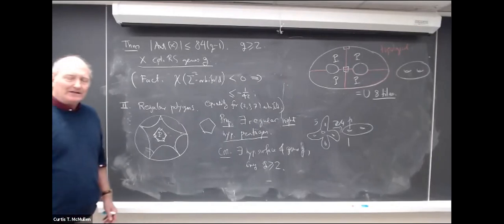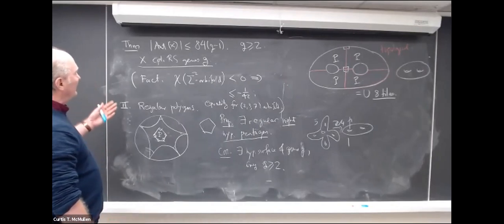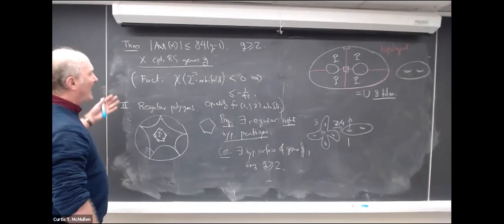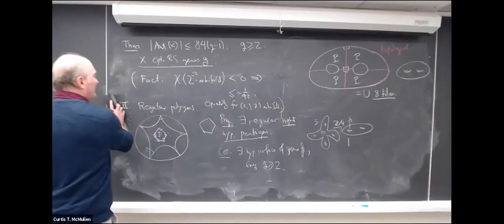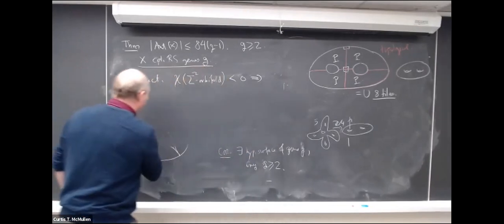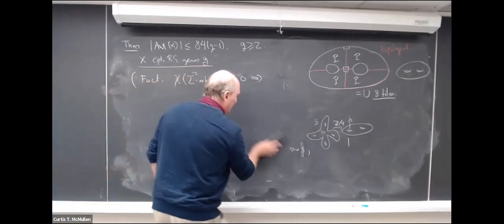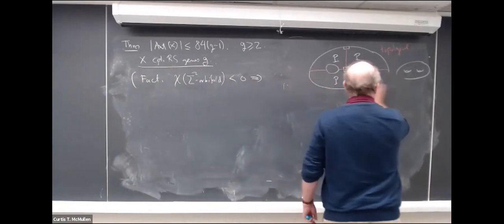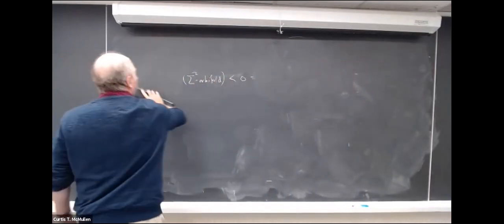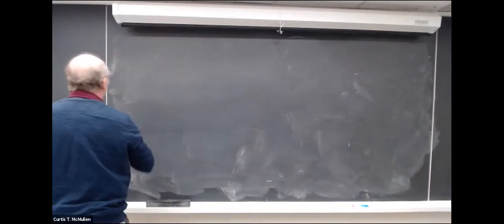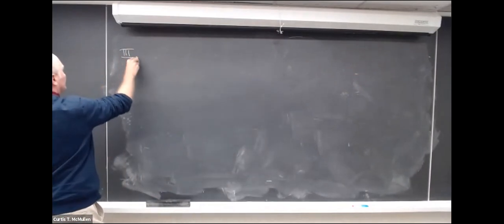How about some other examples of discrete subgroups or lattices in SL2R? Well, another type of example has been seen by everyone who's studied elliptic functions. Namely, inside of SL2R, there's the subgroup SL2Z.